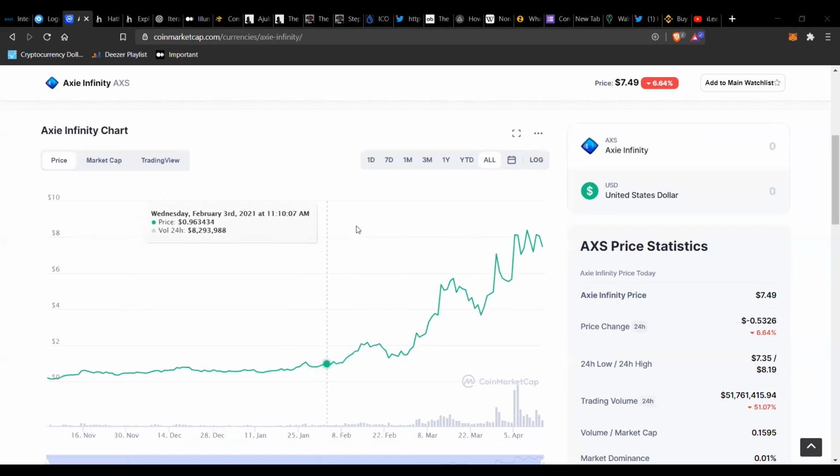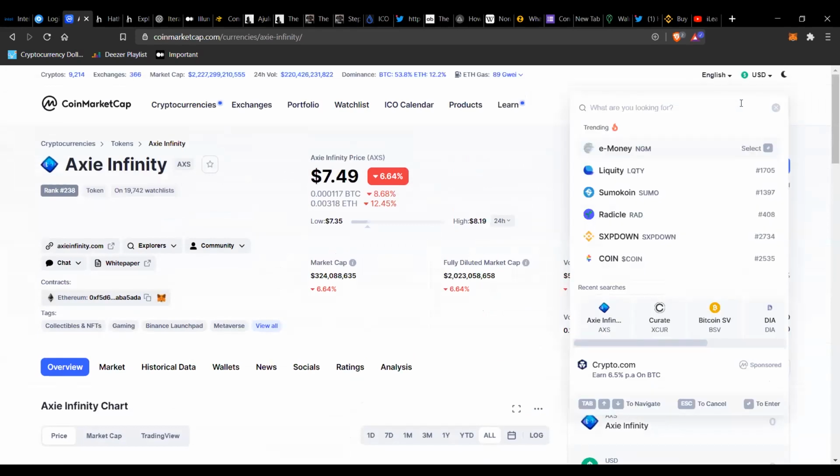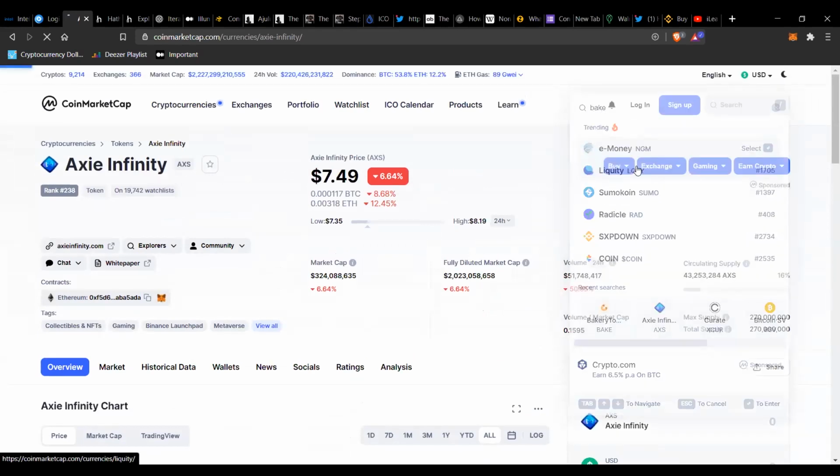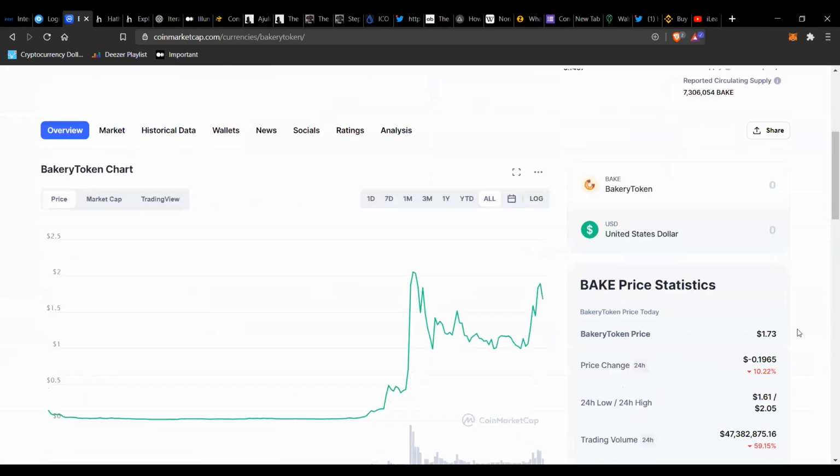For example, there was something that happened with Bake recently. Let me show you that chart so you see for yourself. So something happened with Bake. Now this is Bake. Bake is currently sitting at $1.7. It got as high as $2 yesterday.